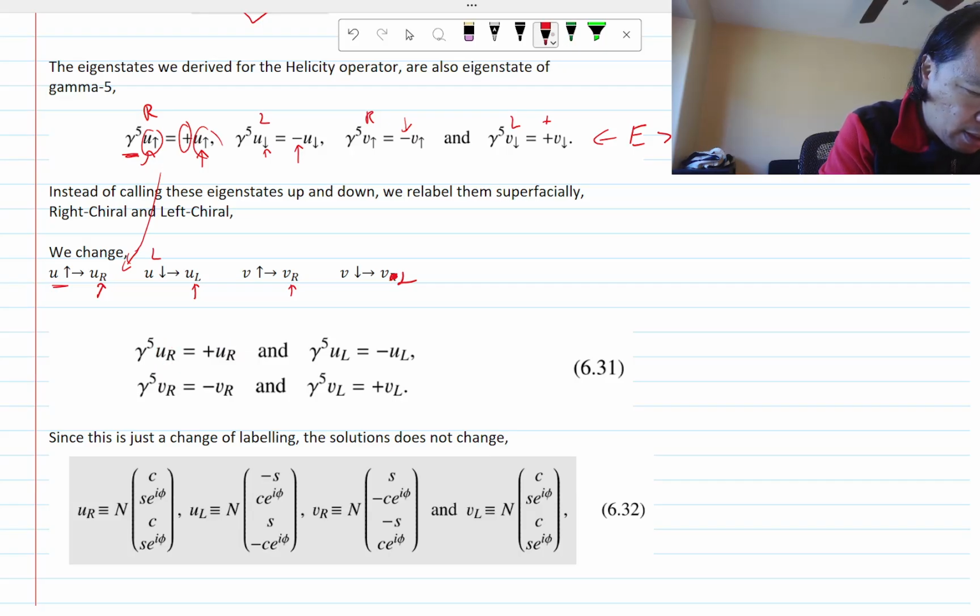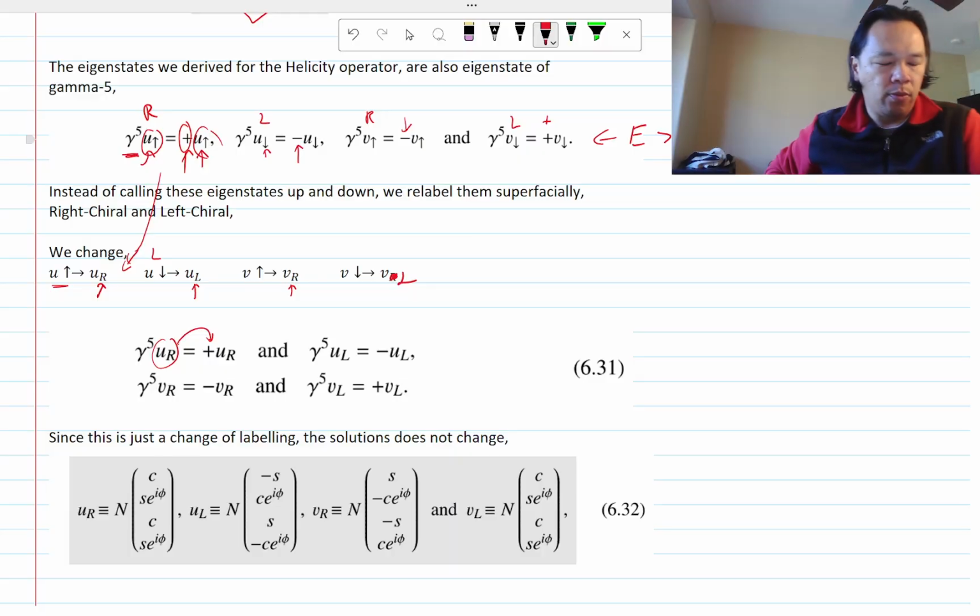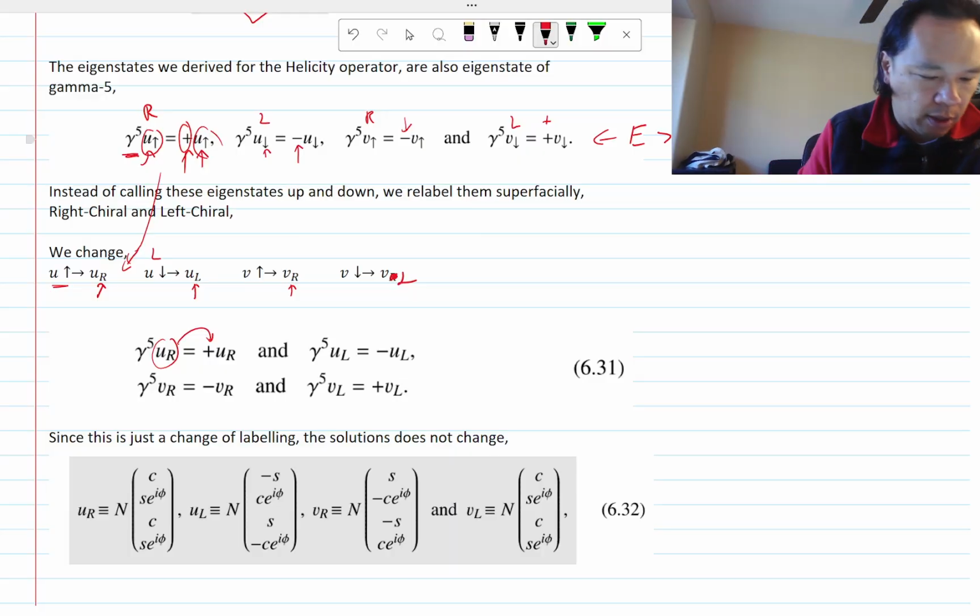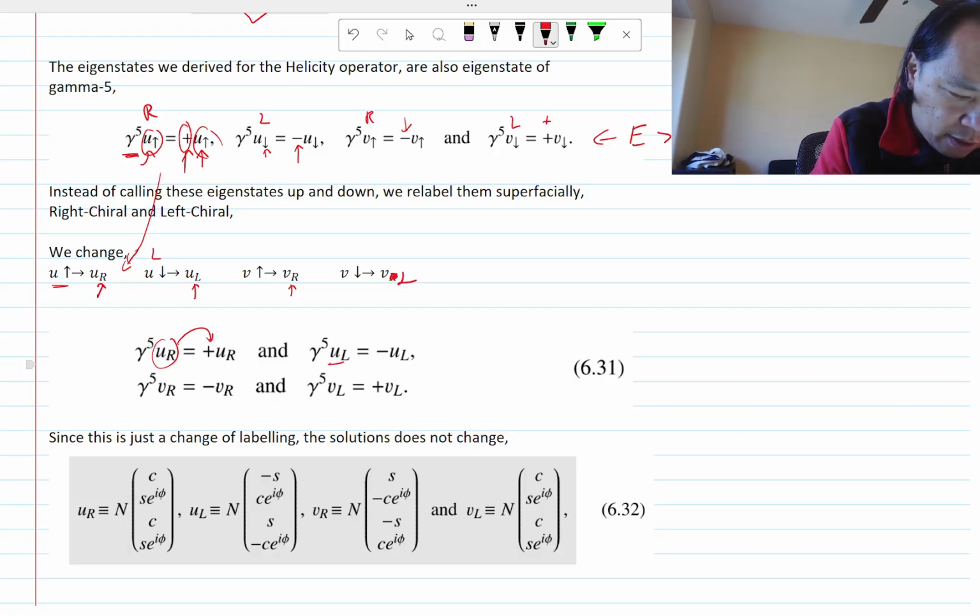In fact, what happened is that the right helicity eigenstate, if you act gamma 5 on it, you end up with a positive 1, just like helicity. But now we are not going to make the assumption of E much bigger than M. Similarly, the left chiral particles will have an eigenvalue of -1, and they'll have the eigenstates of U sub L, or the left chiral spinor.